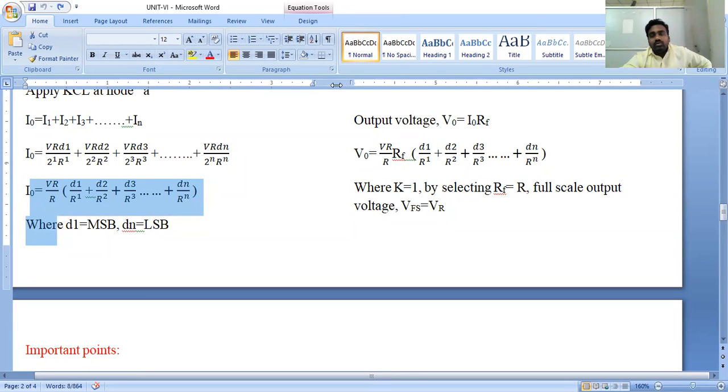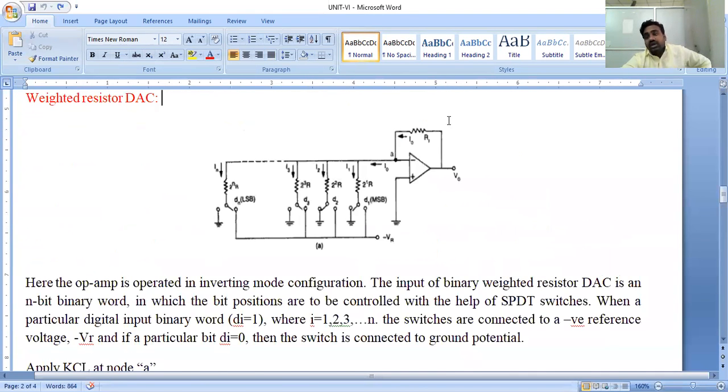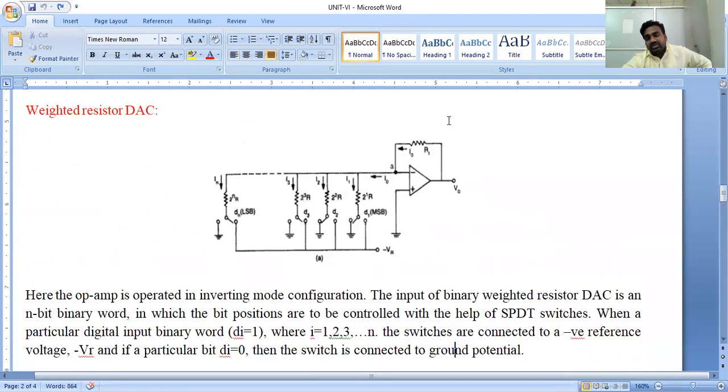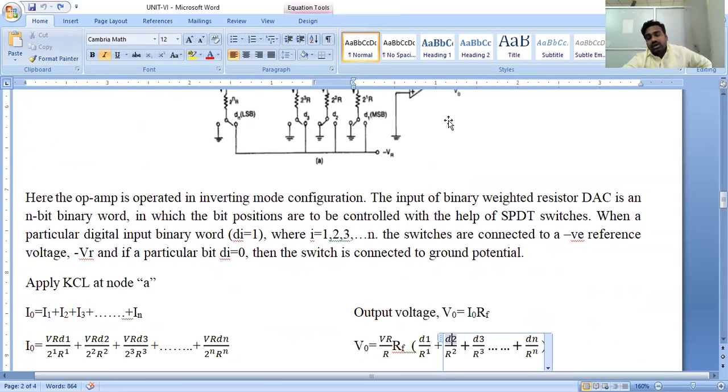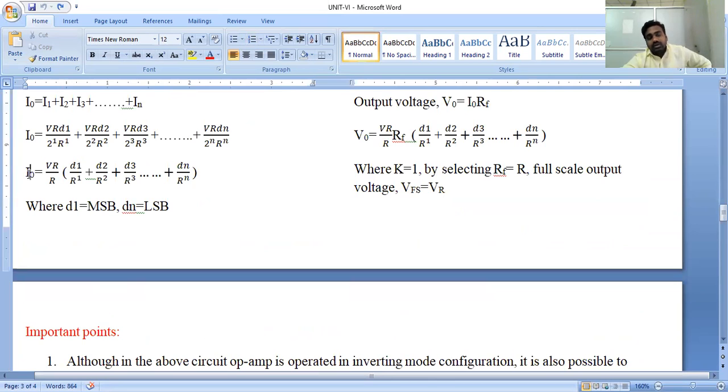So what will be the output voltage? The output voltage of the inverting type operational amplifier is V0 equal to I0 into RF. So what is I0? This is the term for I0, so substitute the value of I0 here in the output voltage.